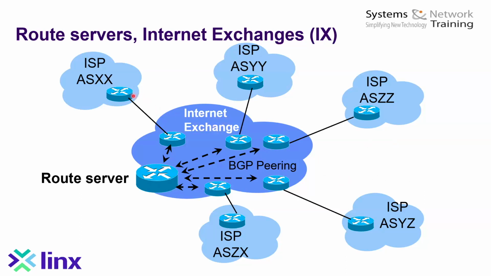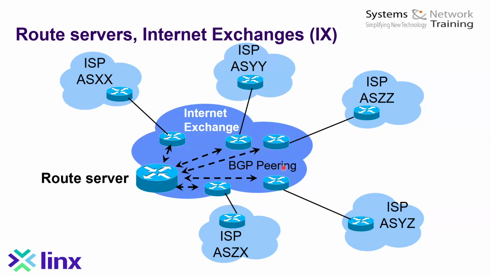But the more service providers that want to BGP peer with each other, the more complex it is and the higher the number of these BGP peering sessions becomes. So, for example, if we just have 5 routers here, which is a very small number, not a realistic number, there will be 10 BGP peering sessions amongst those 5 routers.